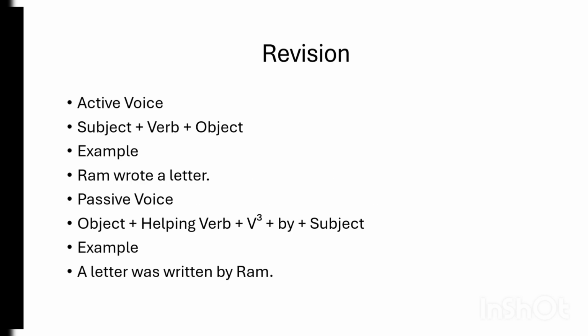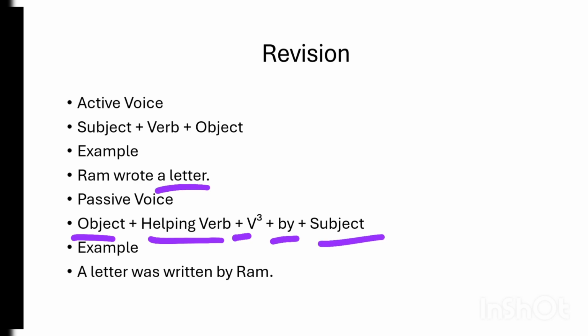Now, revision, we already discussed in the first part of the video. That is active voice. The structure of active voice is we write the subject first, then the verb, and then the object. For example, Ram wrote a letter. When we change it to passive voice, we bring the object first, then the helping verb, then V3, then we add the preposition by, then the subject.